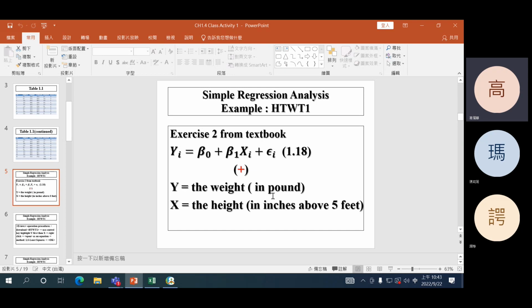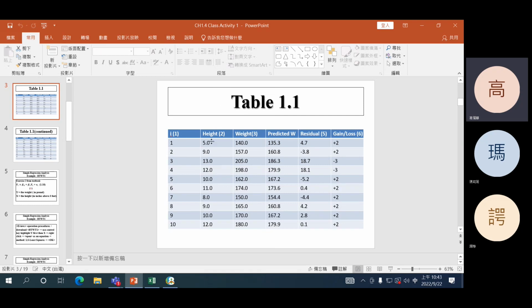And this X variable is the height in inches above 5 feet. So what you have from the data set, for example, the first one is 5, which means this person is 5 feet and 5 inches.